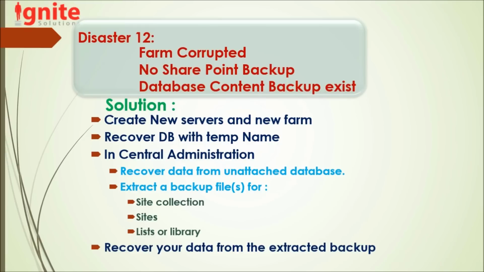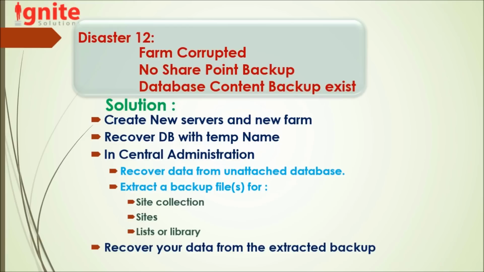What should you do? Or suppose you want to restore a library or a list only and you do not have such kind of backup in your backup files. What should you do?